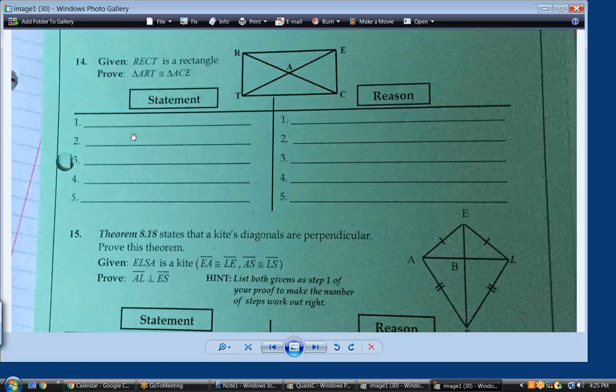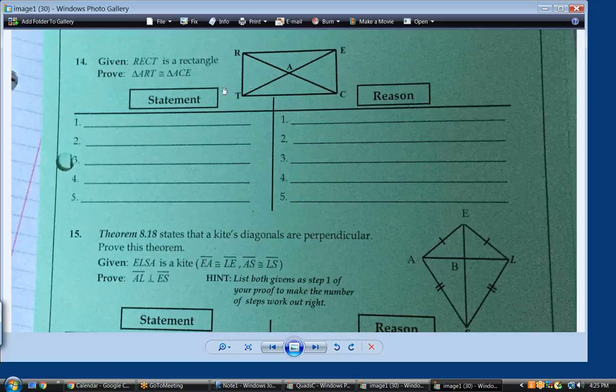Because? In fact, you might as well go all the way and say both statements: RA is equal to CA and TA is equal to EA. See why?